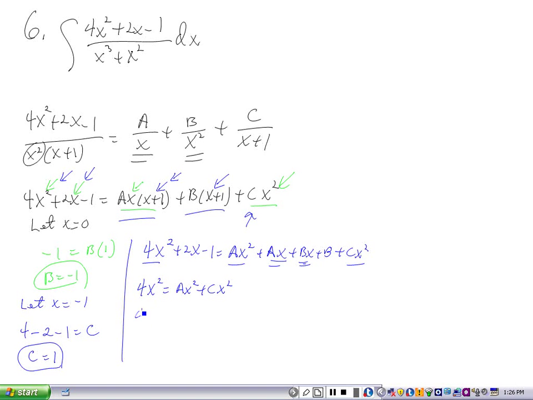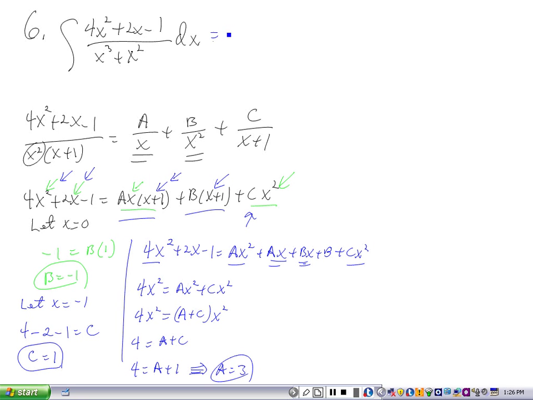So here I have 4x squared equal to a plus c times x squared. So that gives me 4 is equal to a plus c. Now I have c equal to 1, and so I have 4 is equal to a plus 1. This implies that a is equal to 3. Right.